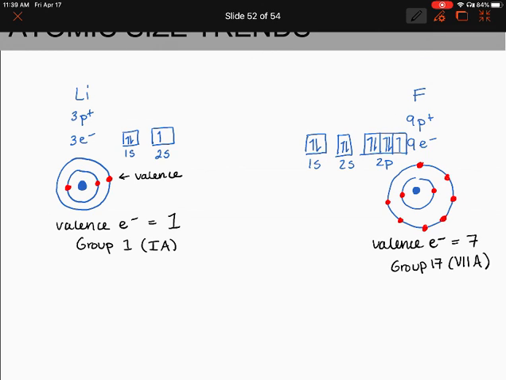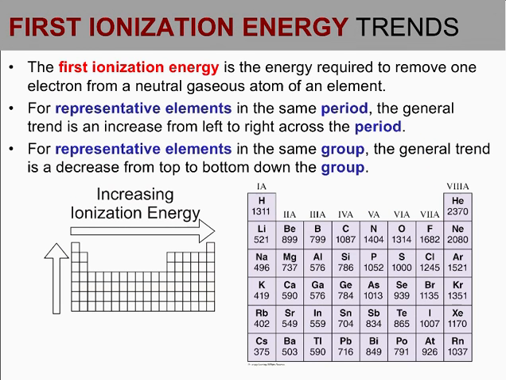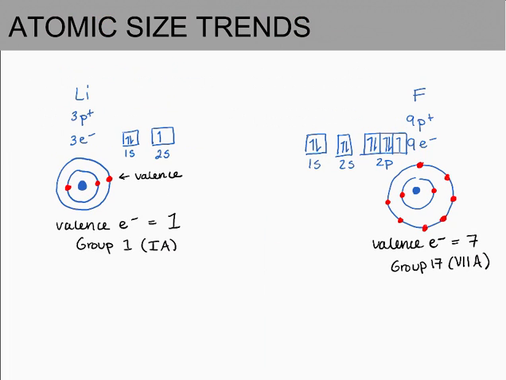There we go. So if we look at lithium versus fluorine, the way I drew it, fluorine looks bigger. But from the previous chart, we know that fluorine is actually smaller than lithium. Why would fluorine be smaller than lithium? Well, it has to do with the ratio of protons, or the positive charge.